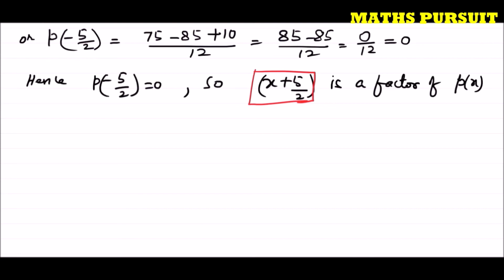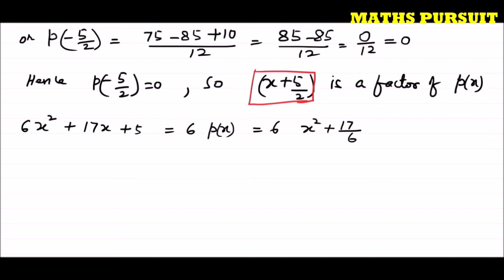So the original equation that we had here is 6x to the power 2 plus 17x plus 5, and we considered that one as 6 into p(x). That is equal to 6 into x to the power 2 plus 17 upon 6 x plus 5 upon 6.